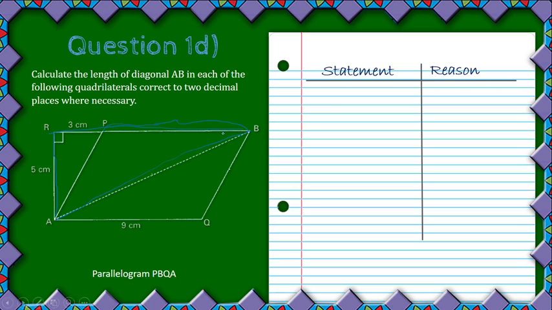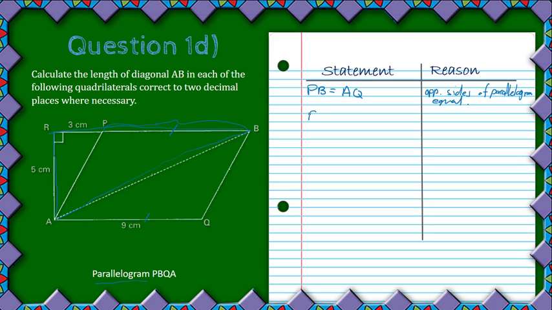We're working now in a parallelogram. What do we know about a parallelogram? We know that the opposite sides are equal. That would tell us that PB would be equal to AQ. And my reason is opposite sides of a parallelogram are equal.